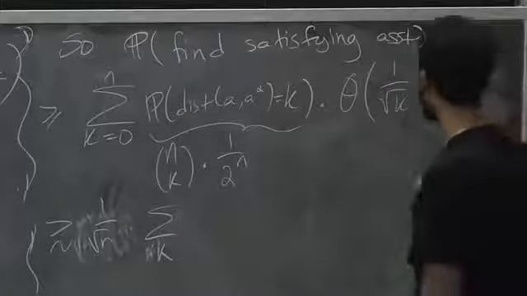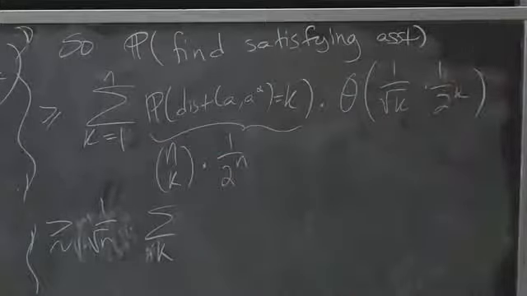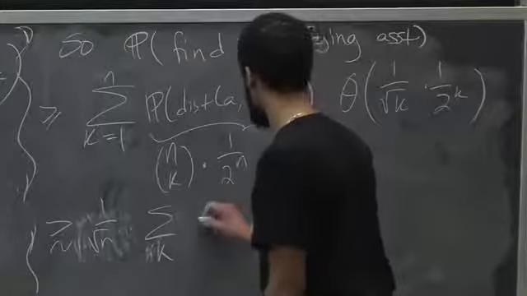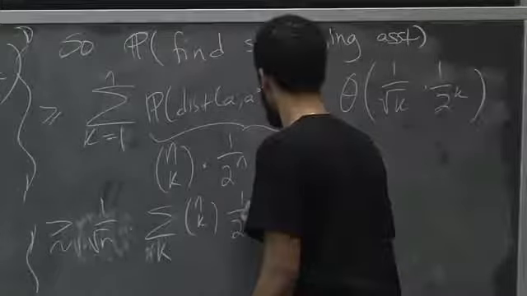Well, I shouldn't divide by 0. If k is 0, then we're done in the first step anyway. So n choose k, 1 over 2 to the n plus k.